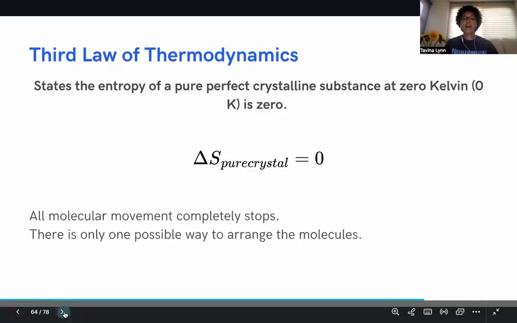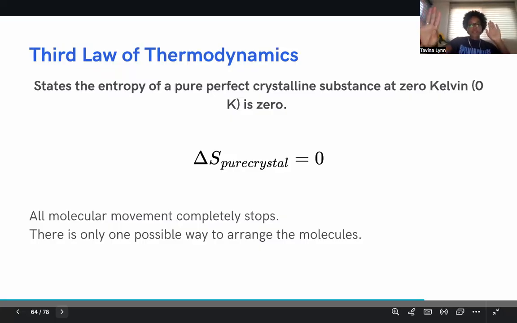And this is because all the molecular movement of the particles within that perfect crystalline substance has completely stopped, and there's only one possible way to arrange the molecules. So, if there's one possible way to arrange the molecules, what is the number of microstates for a perfect crystalline substance?